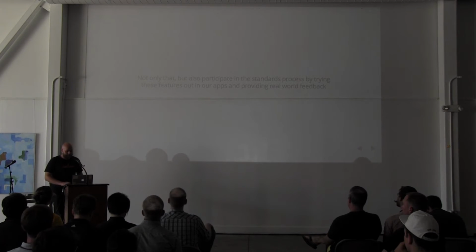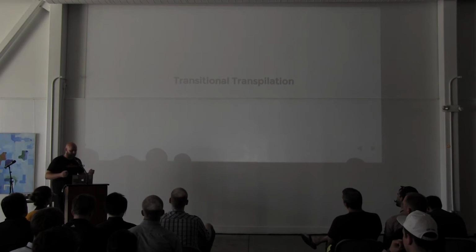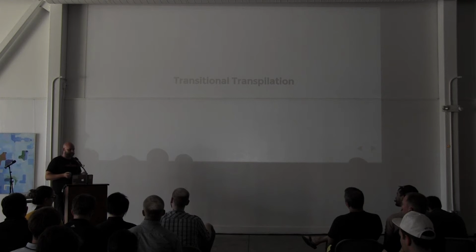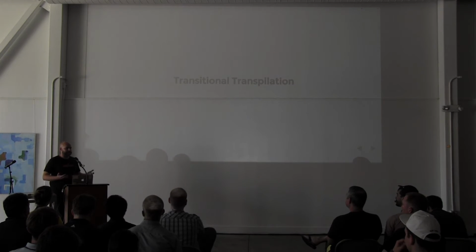And so this process I've coined transitional transpilation, where basically we're going to start having transpilation systems that enable us to experiment with features that maybe are even in the proposed state in the standards committees and not even necessarily on the standards track.